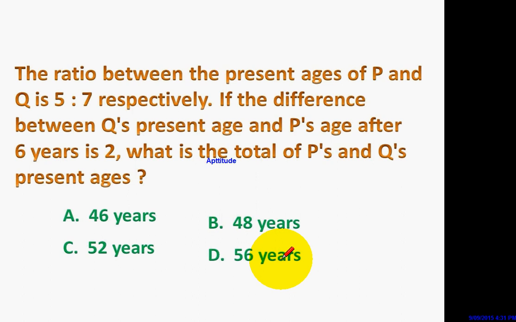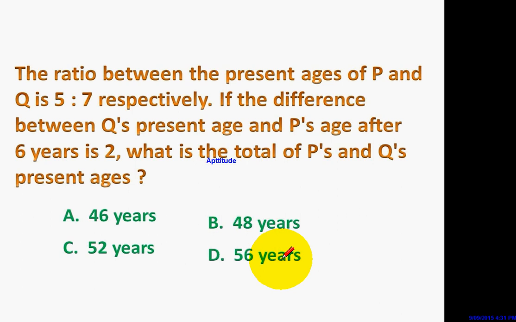Okay, so the ratio between the present ages of P and Q is given. The difference between Q's present age and P's age after 6 years is given as 2. That is the clue here. Using that clue we can solve for the value of x. So this is how we have to get information from the problem. Thereby we can proceed with that. So what is the total of P's and Q's present age?